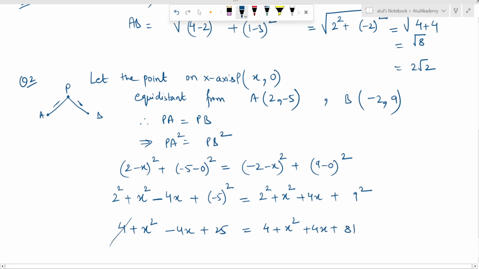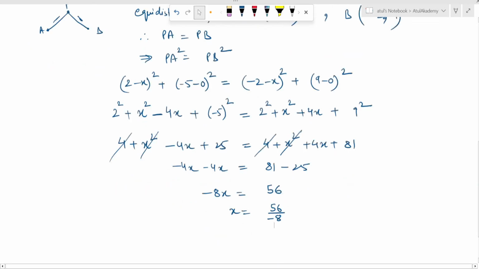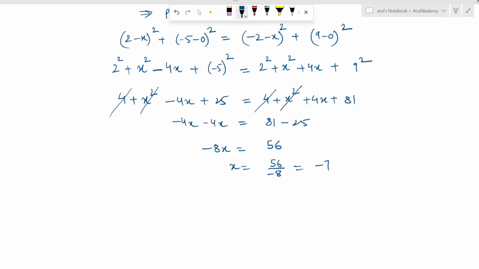I can cancel out the 4 and 4, x square and x square. So minus 4x minus 4x, with transposition, 81 minus 25. When we simplify, we get minus 8x equals 56. So x comes out to be 56 divided by minus 8, which is minus 7.